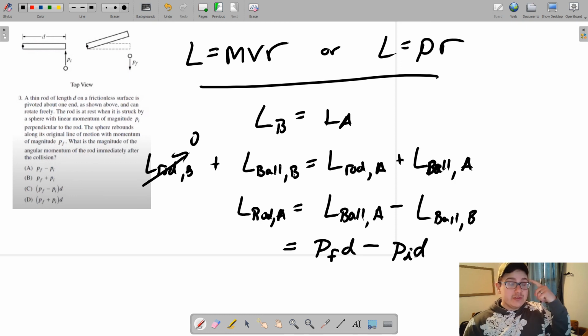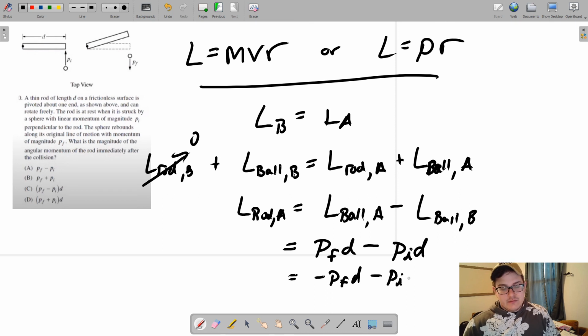However, I just told you to remind yourself about direction. What direction is your initial momentum? Positive. What direction is your final momentum? Negative. And so what we get here is negative P_f d minus P_initial d, and then bringing the ball afterwards over here, we say negative L of the ball afterwards.